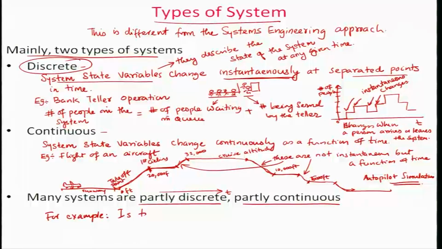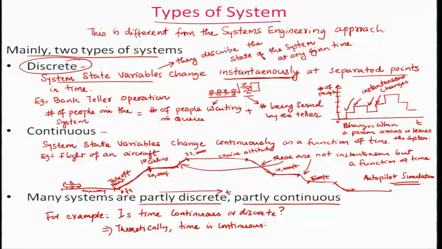So, for example, is time continuous or discrete? This is an interesting question, because time by rule is continuous. Theoretically, time is continuous, but the watch that you wear can only measure time in seconds.